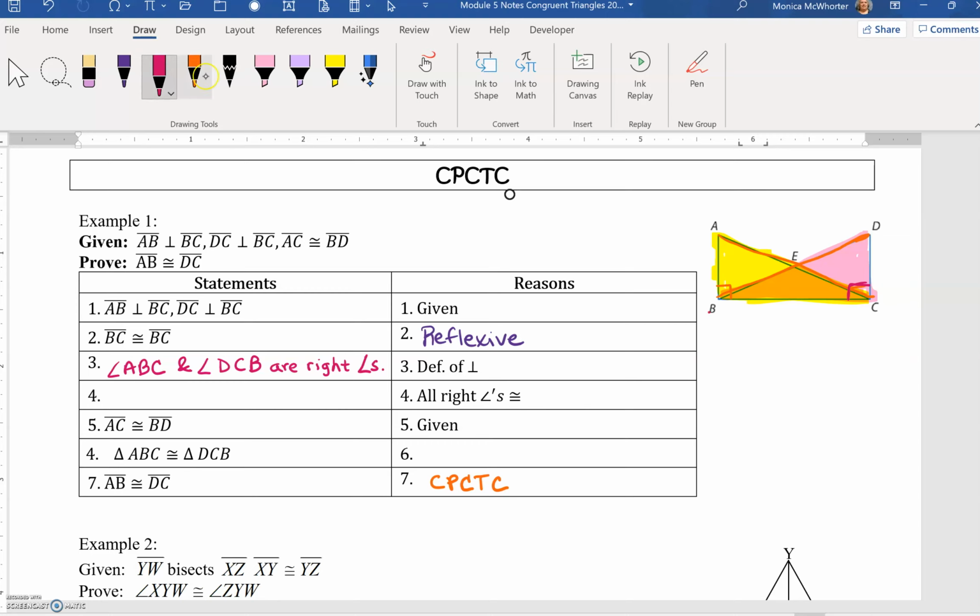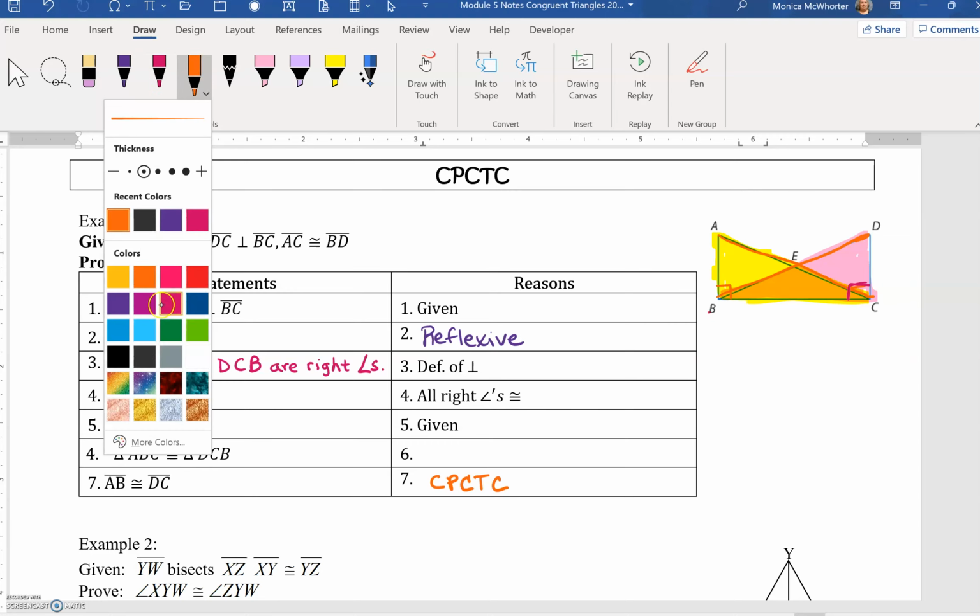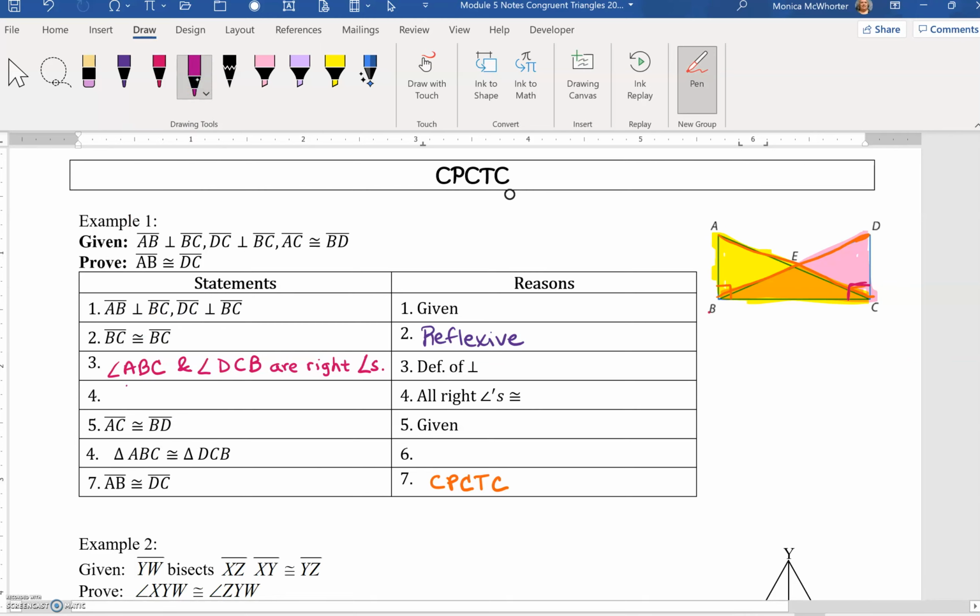And then because we know that all right angles are congruent, we can then say that angle ABC is congruent to angle DCB because right angles are congruent. And so we're lined up to possibly use hypotenuse leg here to say that the triangles are congruent, because we saw the hypotenuses are congruent to each other, and BC, which is a leg, is congruent to itself.